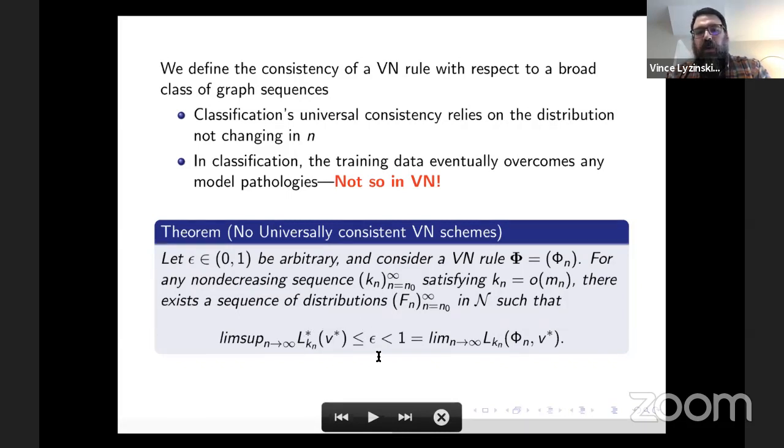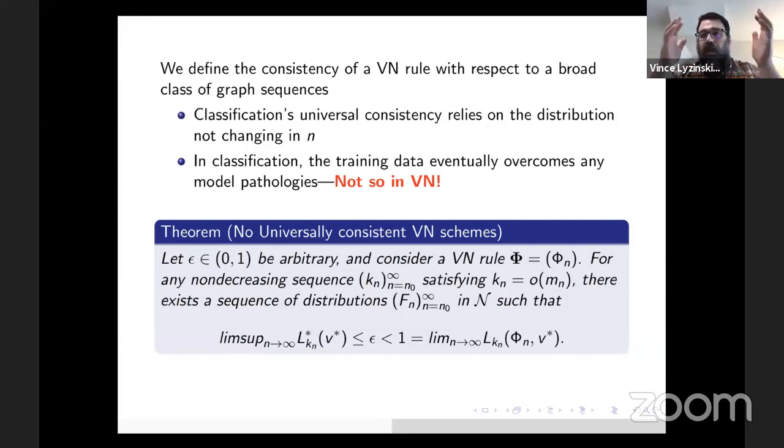So the Bayes error is bounded above by epsilon, the lim sup of it's bounded above by epsilon, and the error of your Vn rule, the sequence of errors, is converging to 1. So not only are there no universally consistent schemes, but in the limit, I can construct a sequence for which you do arbitrarily badly. And that was a very surprising result.